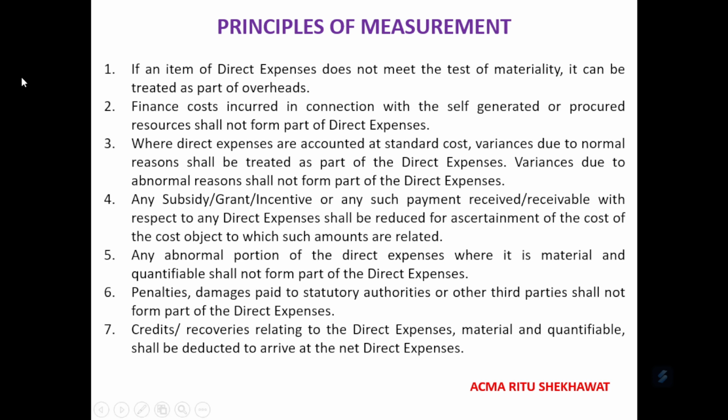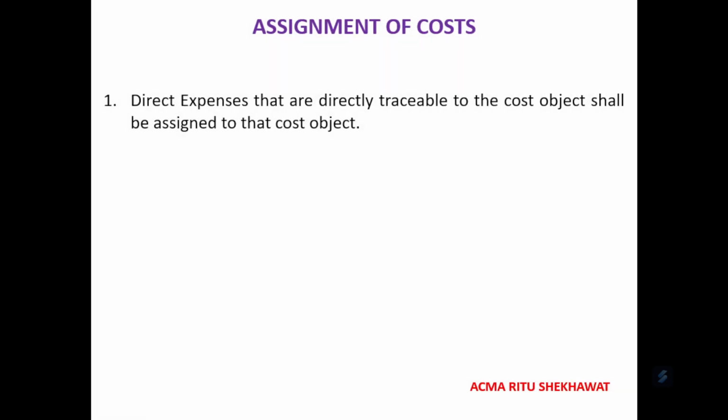Any subsidy or grant received shall be reduced from the cost to ascertain the cost of the product. Any abnormal portion of the direct expenses shall not form part of it. Penalties and damages paid should not be part of direct expenses because we cannot claim them from our customer. Credit recoveries related to direct expense material shall be deducted to arrive at the net direct expenses.